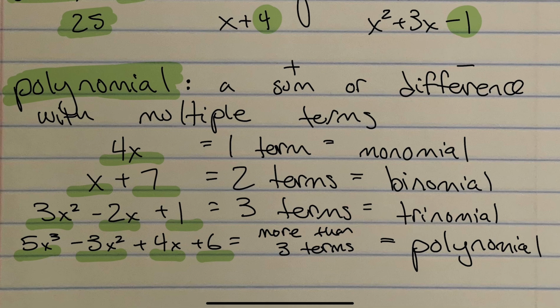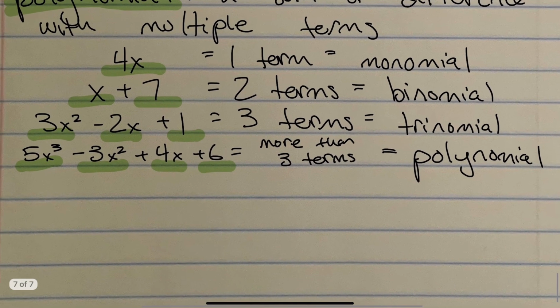Okay, cool. And like I said, our whole unit is going to be based on these, so these are what we're going to talk about for most of our topic. Okay, I have one more new word for us, and that is going to be degree. The degrees are not going to be talking about temperature in this case.